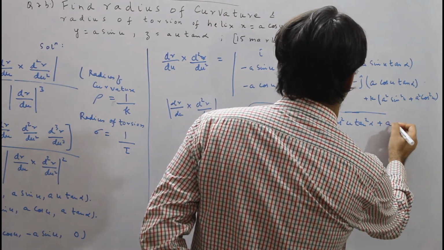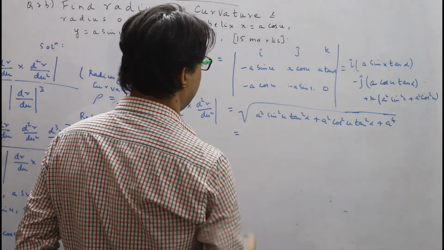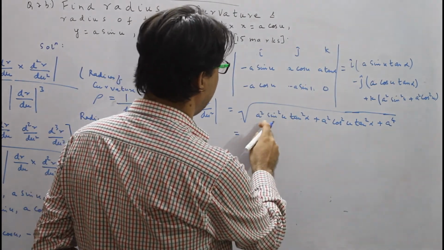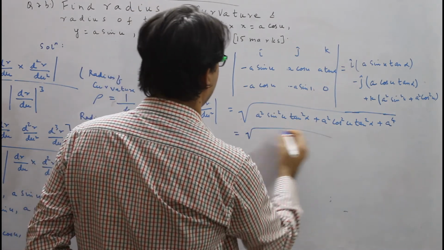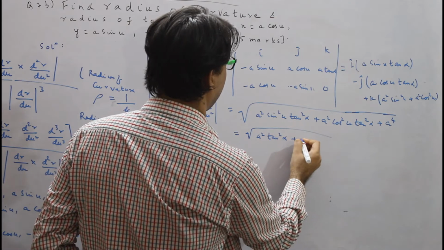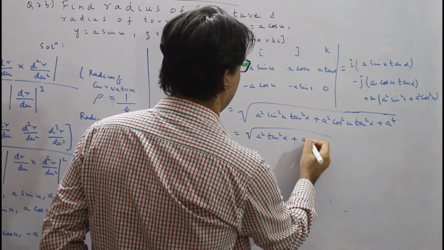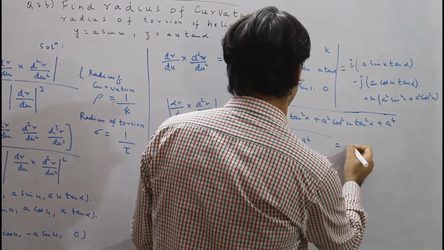So we will take this out as a to the power 4. Here you can see this is common, so we can write this as a square tan square alpha plus a to the power 4.